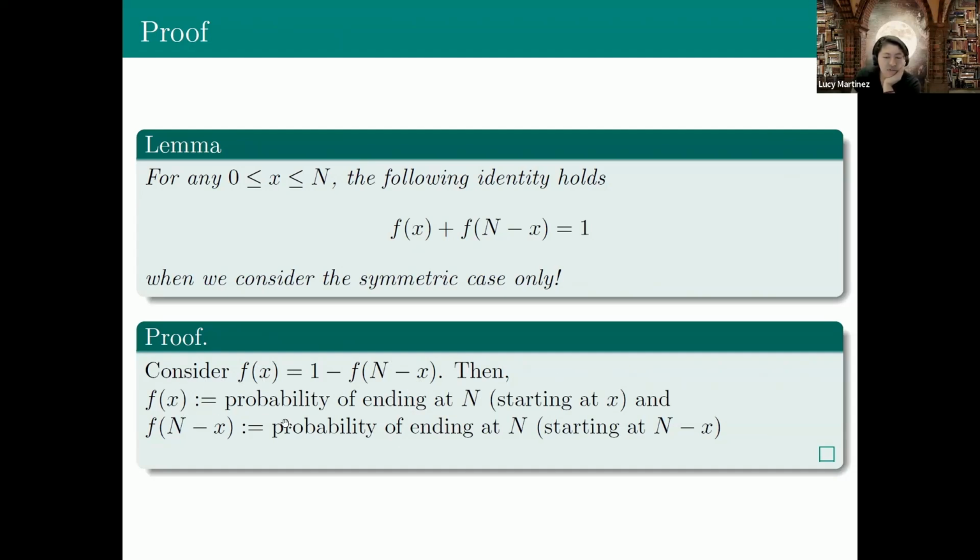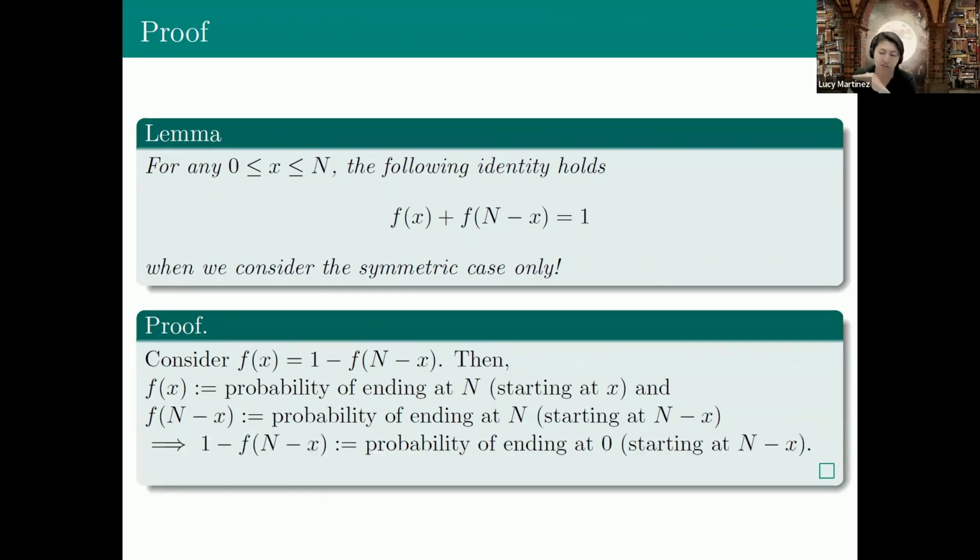The left-hand side, f of x, is the probability of ending at n starting at x, and then f of n minus x is the probability of ending at n starting at n minus x. So if you were to do 1 minus f, this quantity in the bottom, that's the probability of not ending at n, which means that it's the probability of ending at 0 when you start at n minus x.